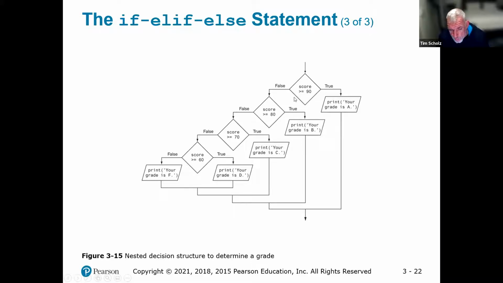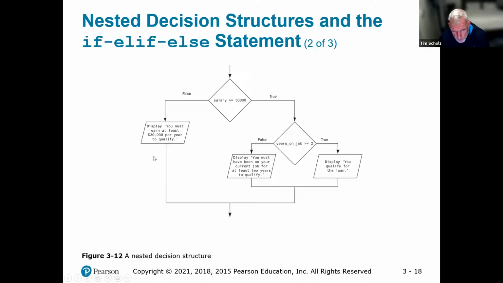This is where you look at how the if elif waterfalls down in the decisions, whereas, and I'm going to come back up here, the nested if has a little bit of a different look to it.